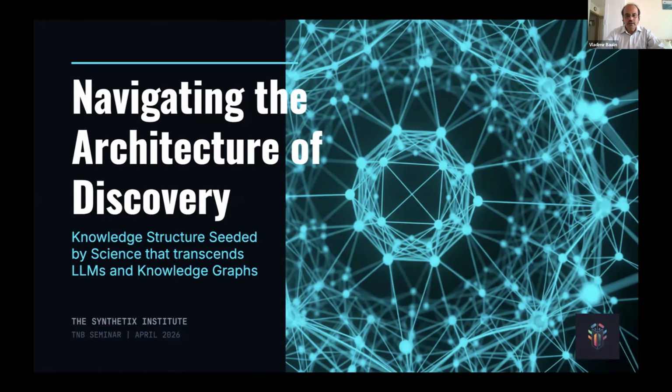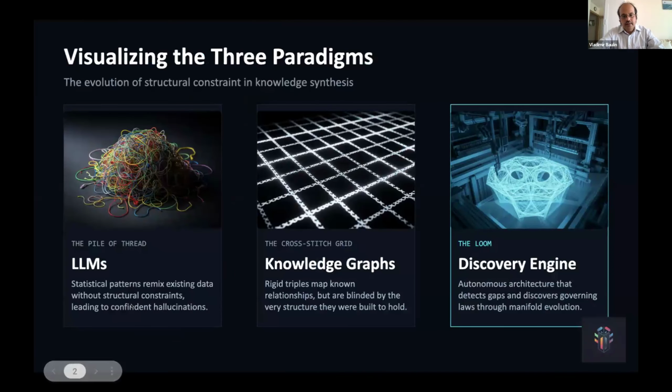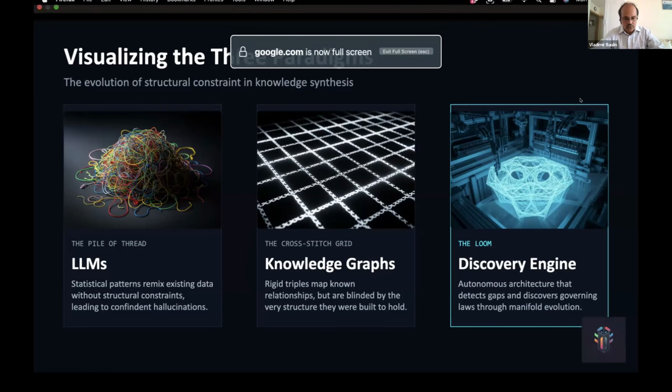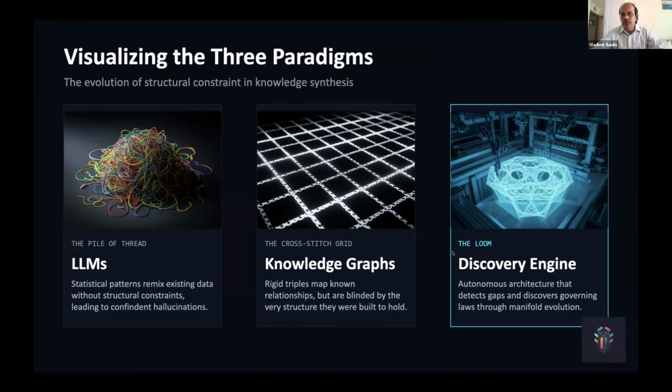Next slide. LLMs are stochastic methods which just predict the next step. Another method is the knowledge graph, which connects different nodes and edges into a structure. The big disadvantage of knowledge graphs is that you need an ontology. Either you go from an ontology which is already published, and sometimes suffers from human bias, meaning what is physics or what is mathematics is already defined, and sometimes that boundary is historical.